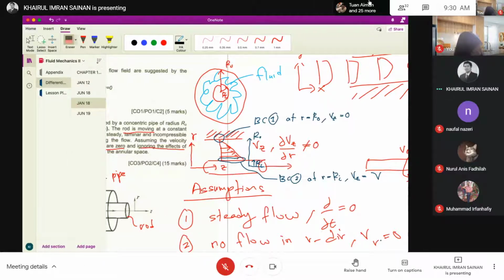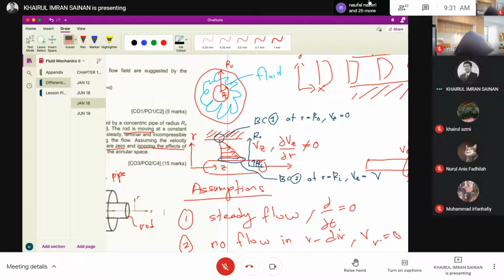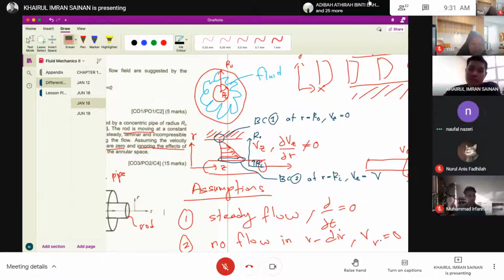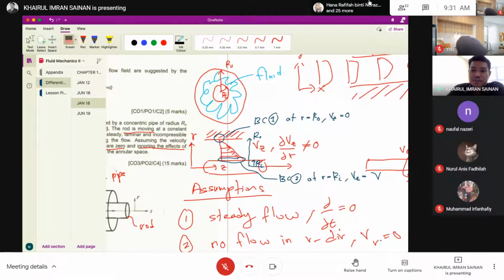Anyone? Number 3? Fully developed laminar flow. Yes, fully developed laminar flow. So mathematically, del vz over... Remember this one?